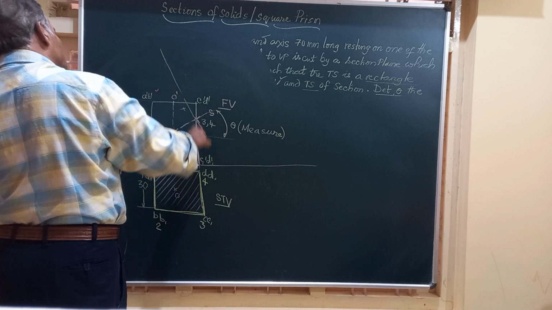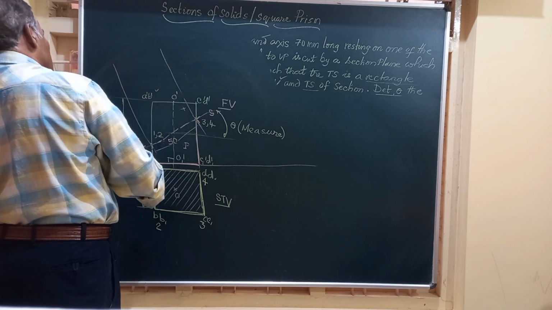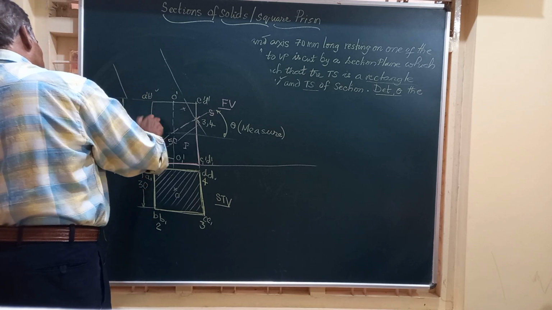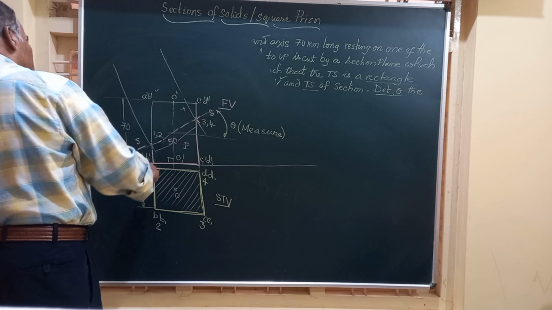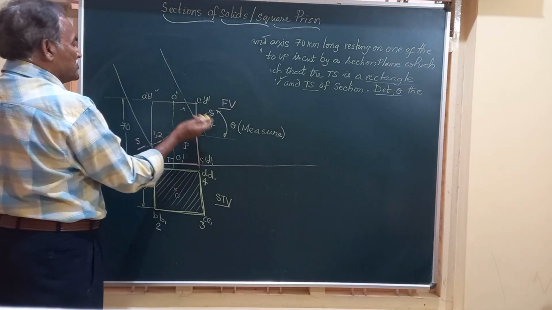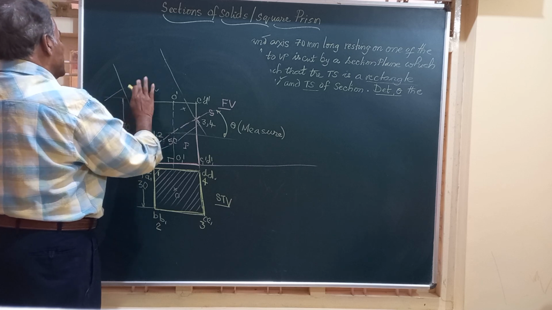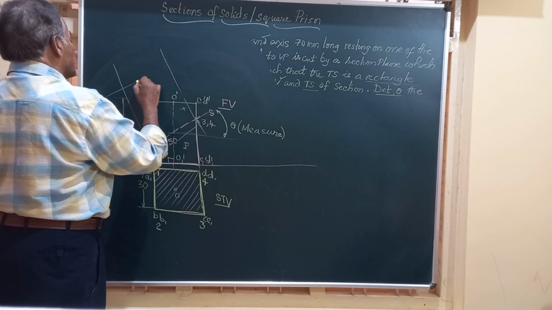A line from here, another line from here. So we have got two lines passing through the points where the section plane is cutting them. So we'll draw another line parallel to this anywhere outside the front view.